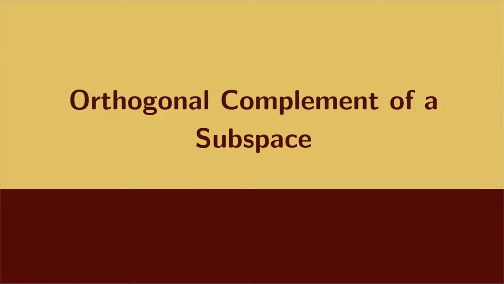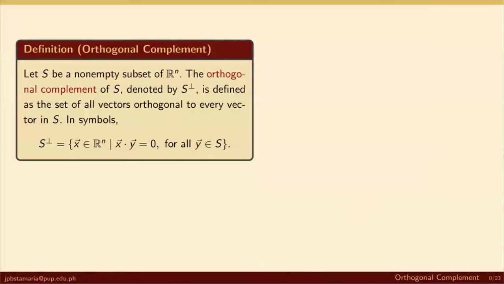Now, if you have a subspace, you can take what we call the orthogonal complement of that subspace. What do we mean by the orthogonal complement? First of all, you can take the orthogonal complement of any set, even if it's not a subspace. So let's take a non-empty subset S of Rn.